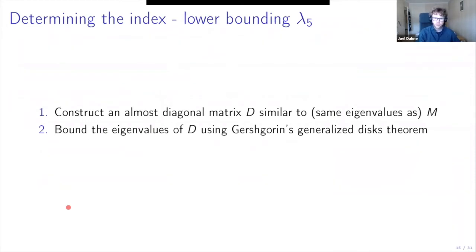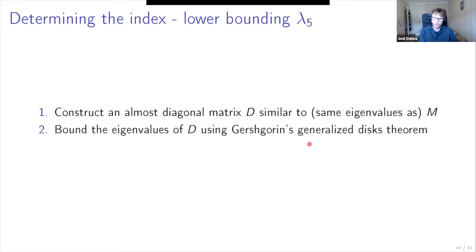So the procedure for computing the lower bound of the 5th eigenvalue of this matrix will be as follows. We will construct an almost diagonal matrix D. It will not be quite diagonal, but numerically it will be diagonal, and it is similar to M, so it has the same eigenvalues as our matrix M. So we can reduce the problem to lower bounding the 5th eigenvalue of this matrix D. Then we will bound the eigenvalues of D using Gershgorin's generalized disk theorem.